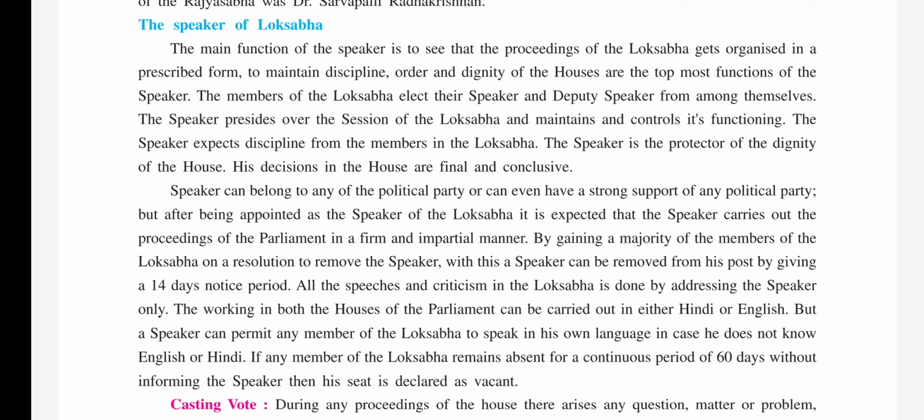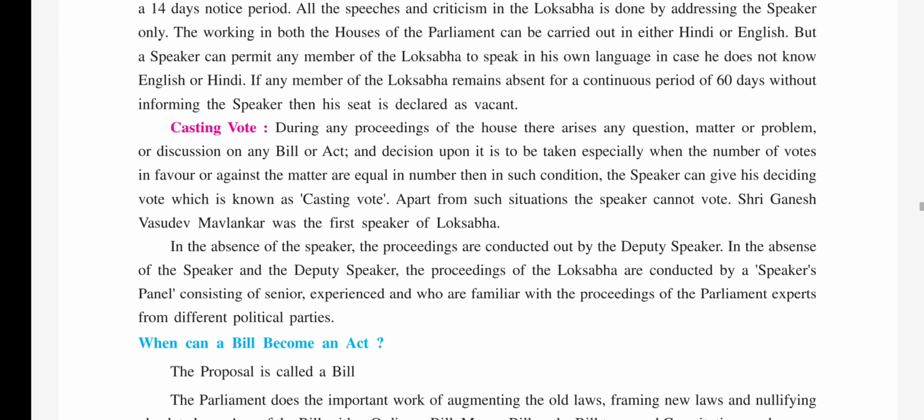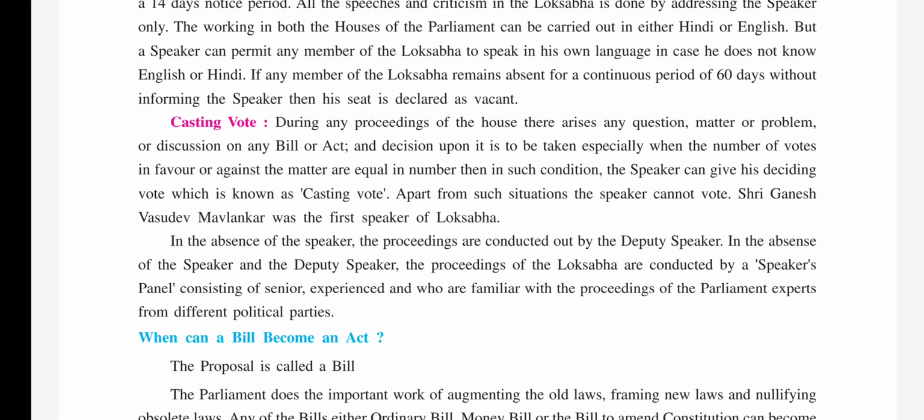The working in both the houses of the parliament can be carried out in either Hindi or English. Sri Ganesh Vasudev Mavlankar was the first speaker of Lok Sabha.